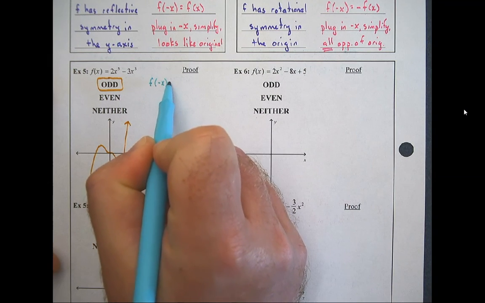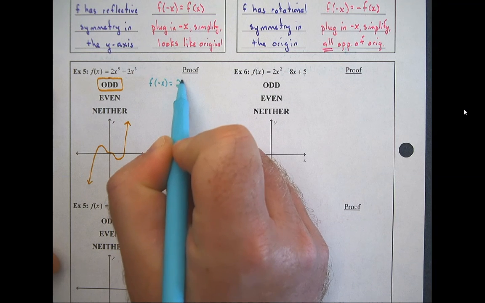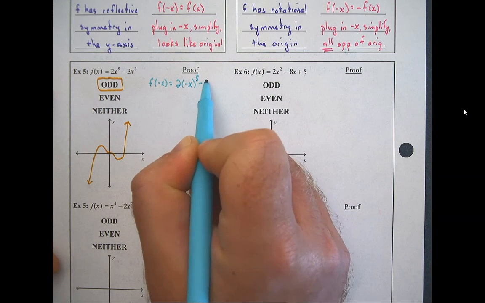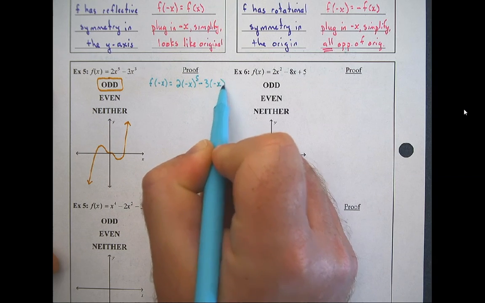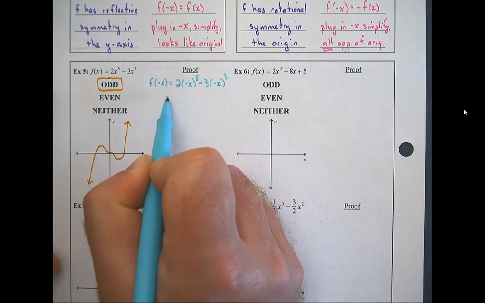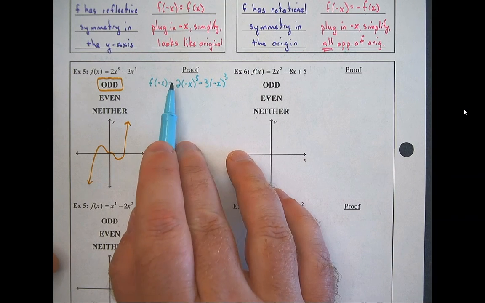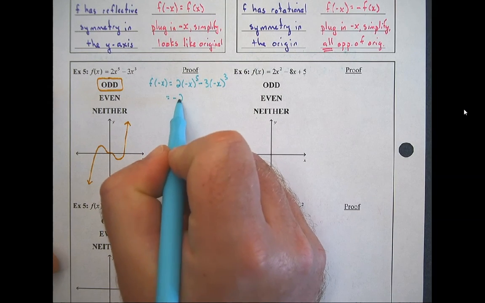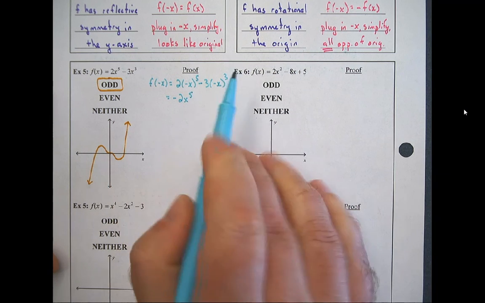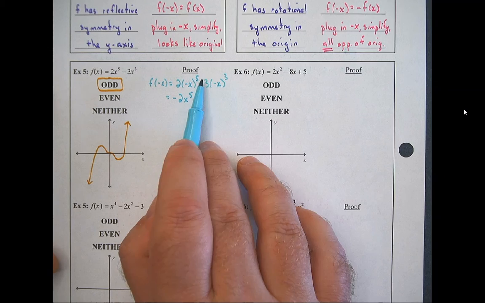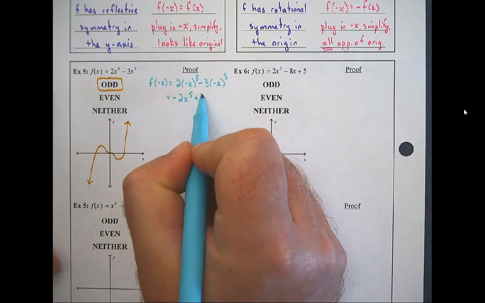So f of negative x equals 2 times negative x to the fifth, subtract 3 times negative x to the third. Simplify. A negative x to the fifth is going to come out negative, which makes this negative 2x to the fifth. A negative to the third is still going to be negative, so that negative times this negative 3 is going to make a positive 3.